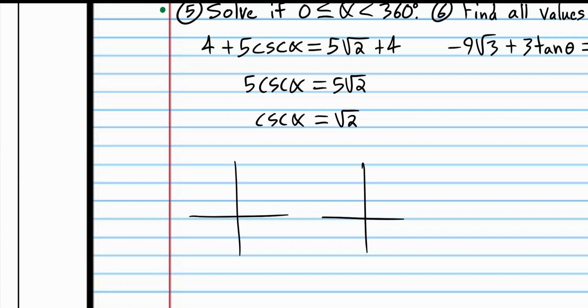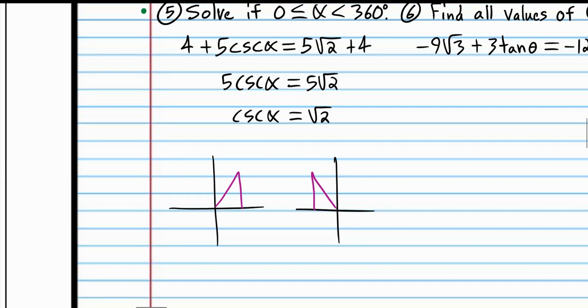Cosecant is the hypotenuse over the opposite side. The hypotenuse is always positive, so that means the opposite side must be positive also, but that gives us triangles in the first quadrant and the second quadrant.